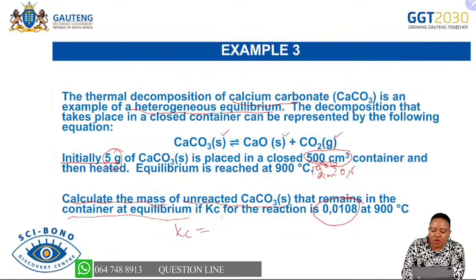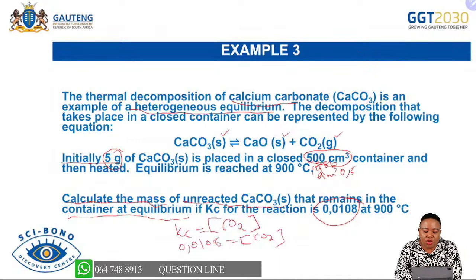Then it means our Kc will be equal to the concentration of what? Of carbon dioxide. And the Kc value is provided as 0.0108, which is going to be equal to the concentration of carbon dioxide. So we already know the concentration of carbon dioxide.